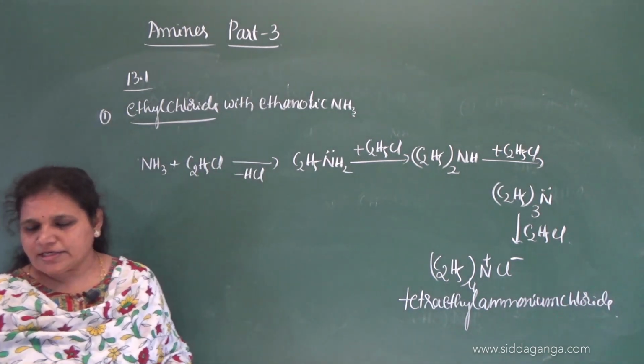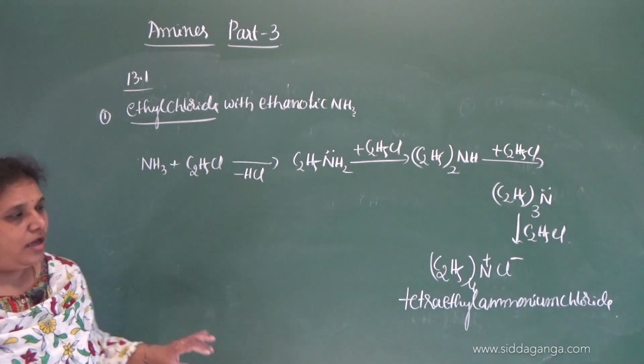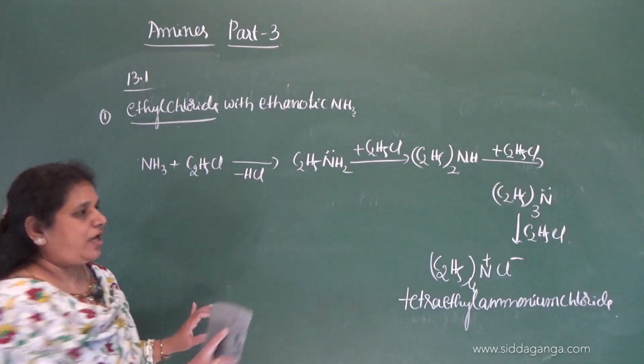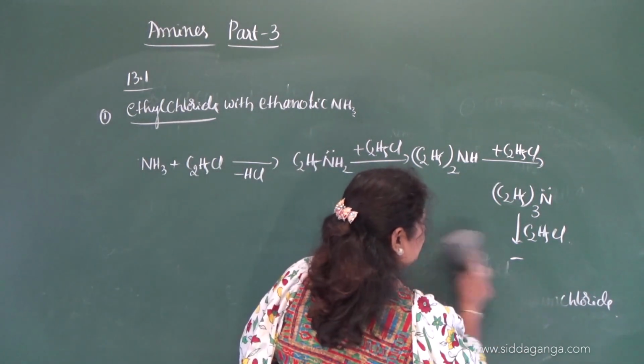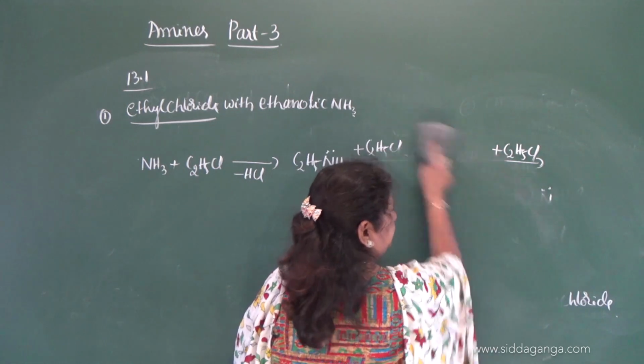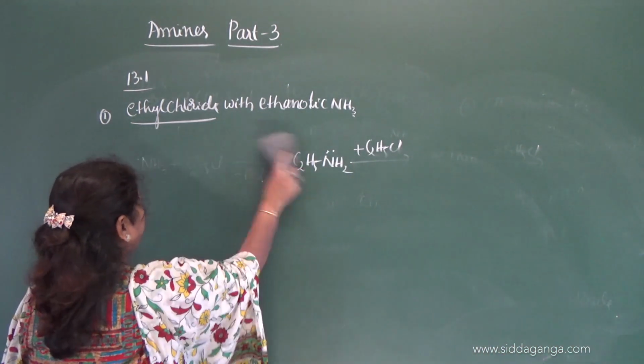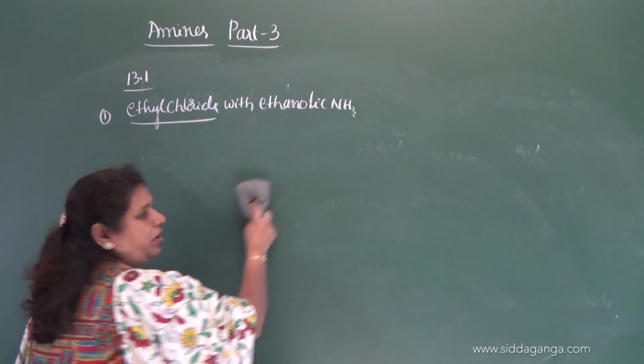Okay, now let us move on to the second reaction, ammonolysis of benzyl chloride. First, you have to go with the ammonolysis of benzyl chloride. Ammonolysis of benzyl chloride means treating benzyl chloride with alcoholic ammonia.